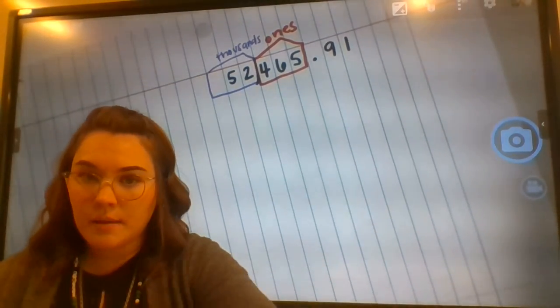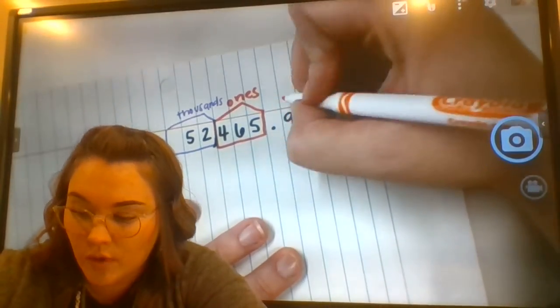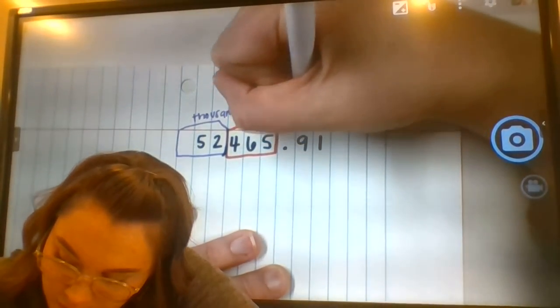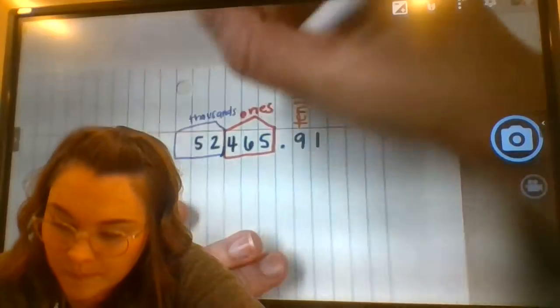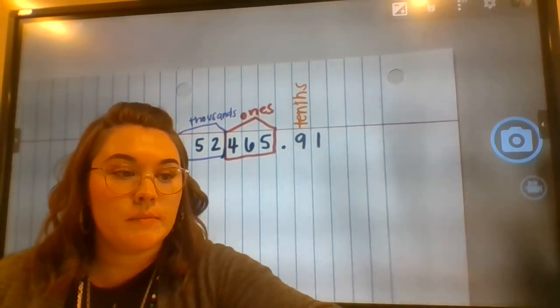And now I know that's a decimal, so I'm going to write right here tenths. You should be writing the same thing as me on your paper.